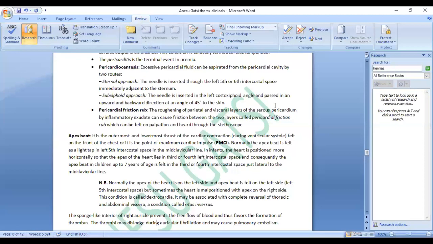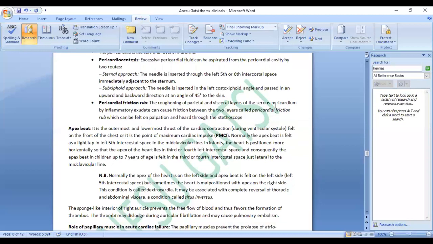Situs inversus is whereby the normal organs of the right are placed to the left, and those of the left are placed to the right. But in situs ambiguus, there is ambiguity, so the organs are placed haphazardly. So situs inversus is more or less a congenital malformation that is embryonic in origin. In this condition, you may have the apex beat being on the right side and not on the left side.